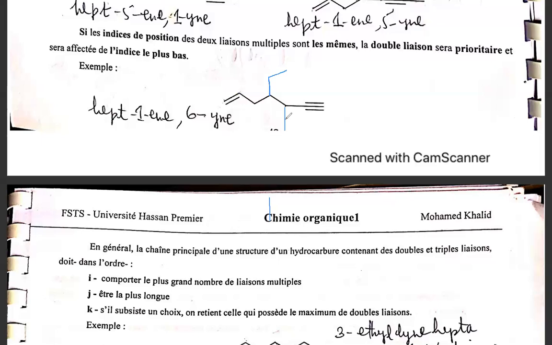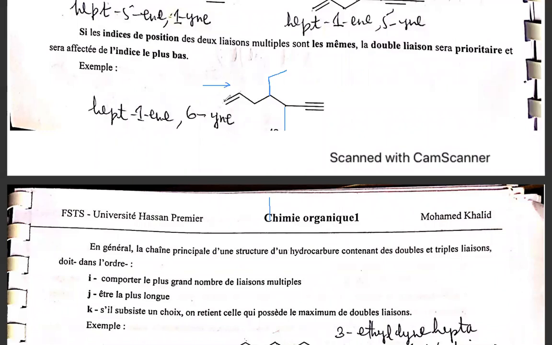In a case where we have a substituent, we are going to count with the same principles. The double liaison is the one that takes the preference, so our direction will be this.